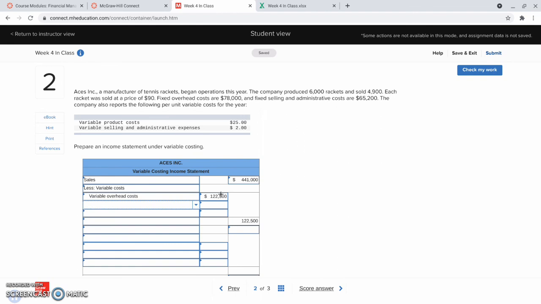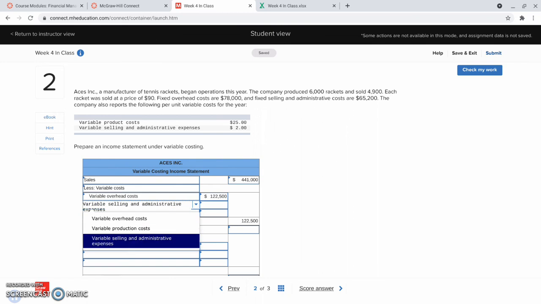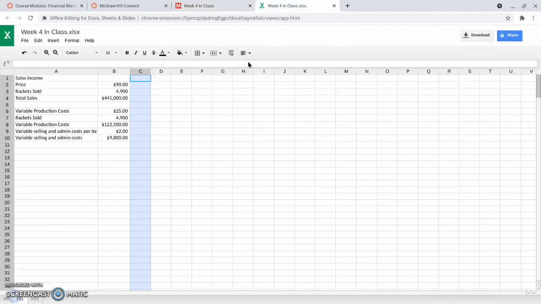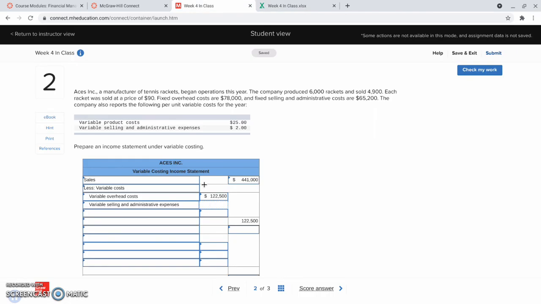Next up under variable costs is variable selling and administrative costs. How do we come up with that? Variable selling and admin are $2 per. We take our $2 times the 4,900. Oh, that should be 9,800. Excuse me.